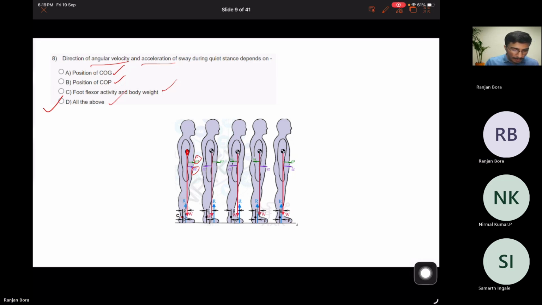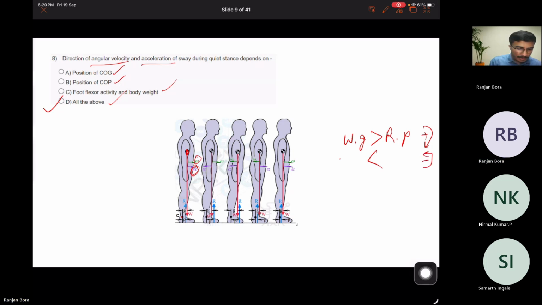What happens if W times G is greater than R times P? In that case, the direction of acceleration is clockwise, and if it is less than R times P, then the direction of acceleration is anti-clockwise.